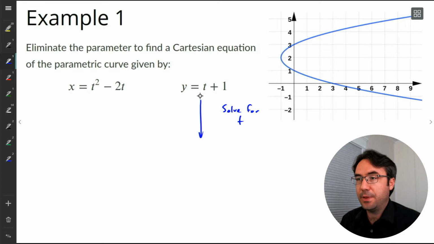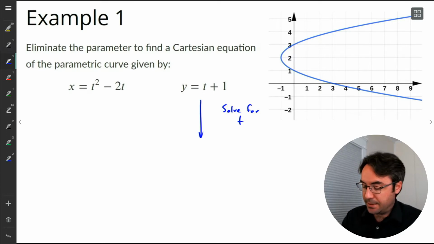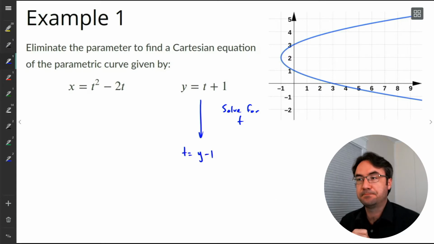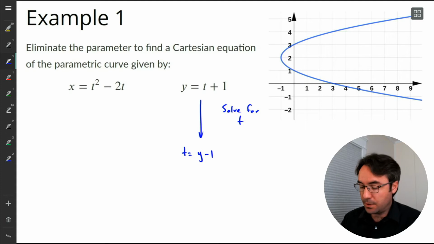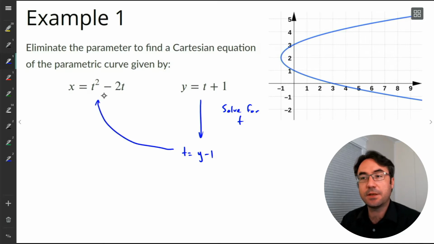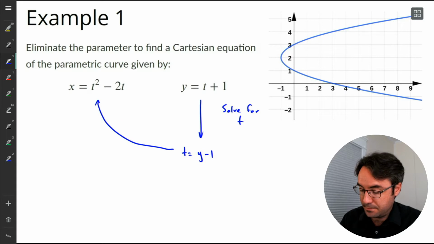Subtract 1 from both sides, and we get t is equal to y minus 1. Once we've solved for t, we can go back and plug it into this other equation, wherever we see a t.